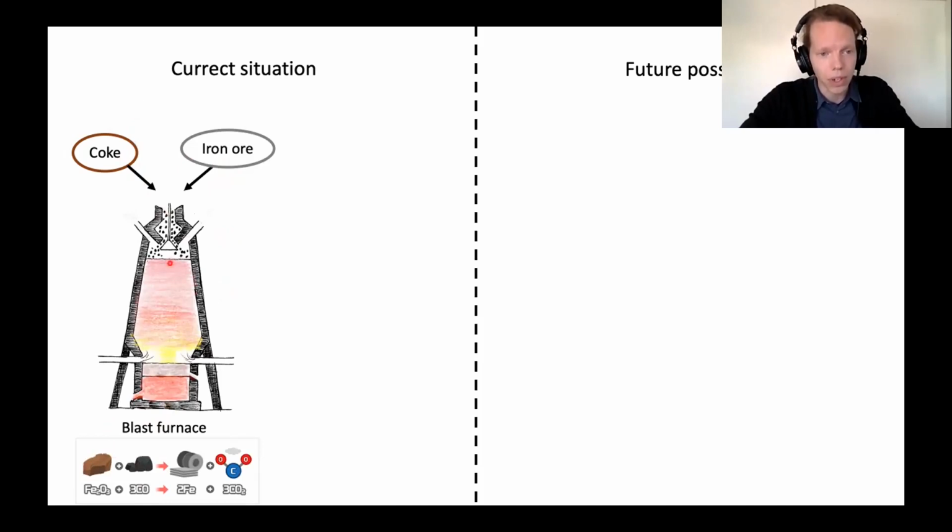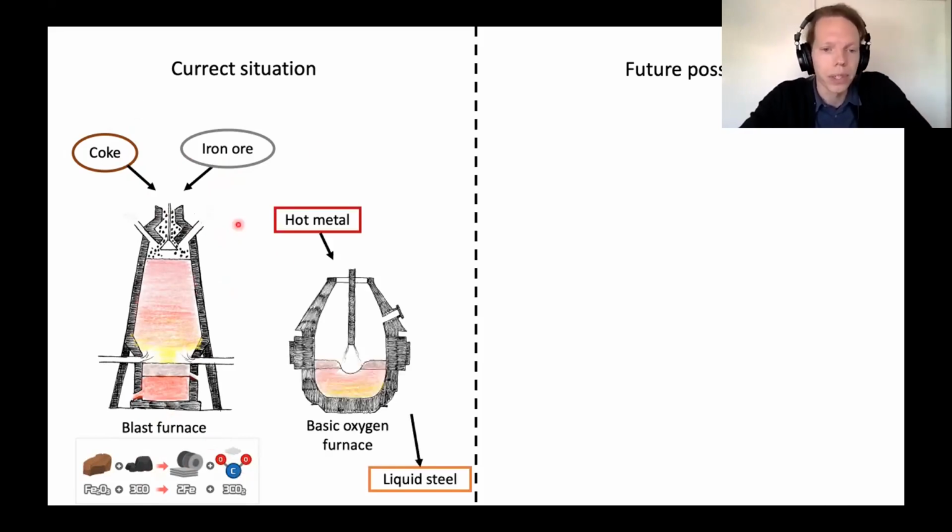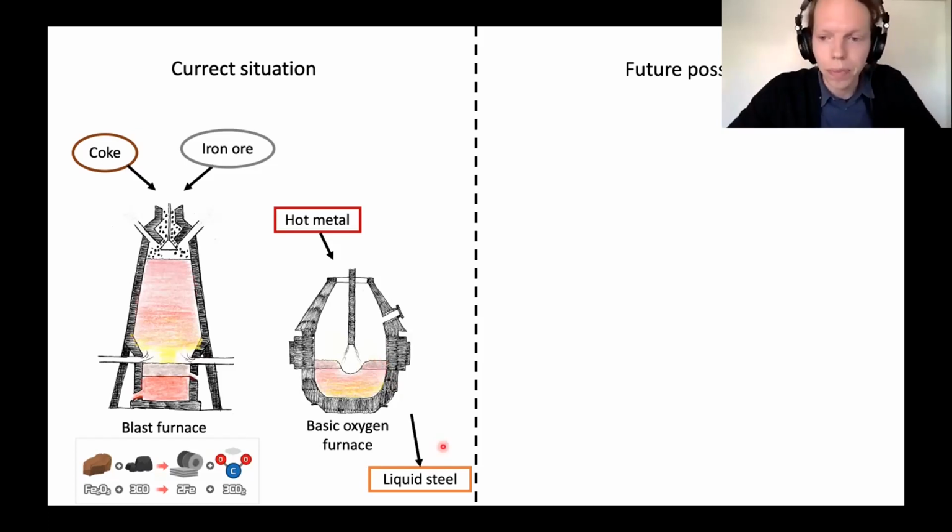And then the iron oxides are reduced by this carbon monoxide to iron and carbon dioxide, forming an intermediate product called hot metal, which is fed to a basic oxygen furnace where excess carbon is removed from the hot metal to produce liquid steel, which is then further transported to casting units and rolling mills to produce steel products.